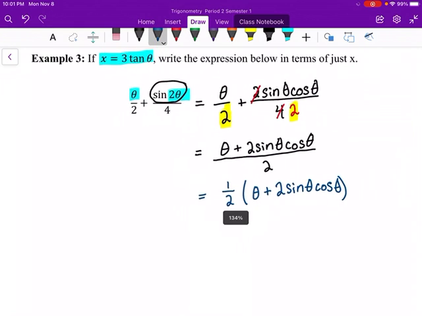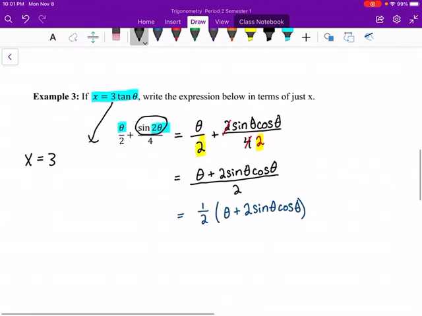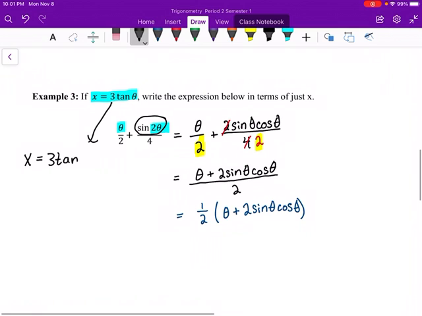Now our goal for this problem is we're trying to write this expression in terms of just x. So we're going to have to do a little bit of solving using this information that they gave us. They told us that x is equal to 3 tangent of theta. So we're going to go ahead and solve this equation to get theta by itself.